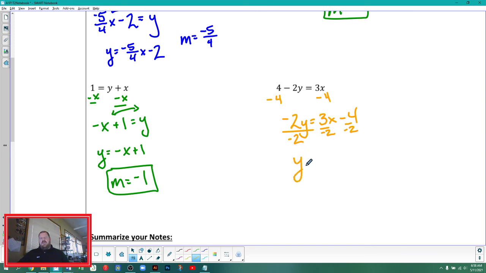Okay, here I get y is equal to 3 over negative 2, I'll write as negative 3 over 2 times x. That would be plus 2, but that part doesn't really matter. What I do care about is the number multiplied by x. My slope is negative 3/2.